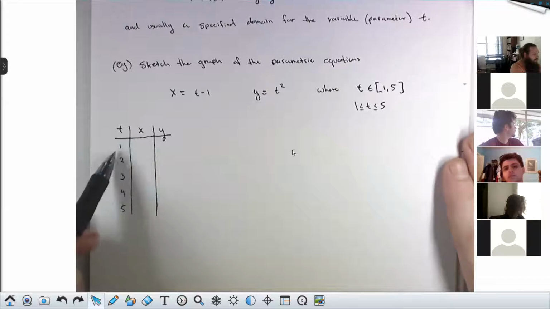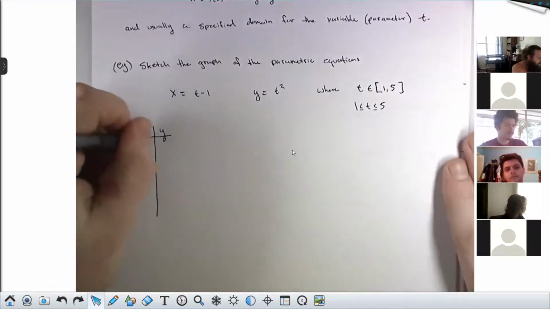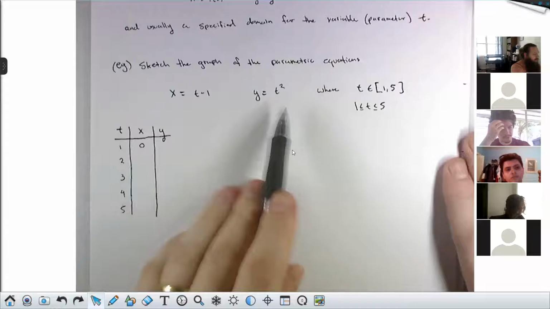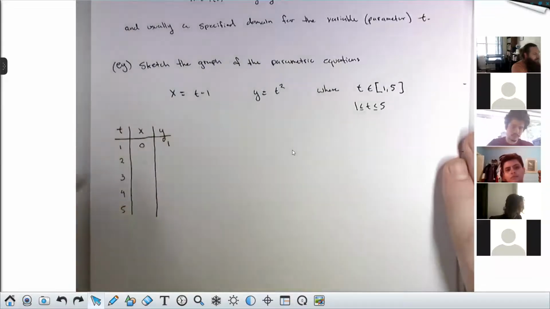When t is equal to 1, x is equal to 1 minus 1. That's 0. And y is equal to 1 squared. Okay, that's 1. So this tells me that the point 0, 1 is on my graph, and it's associated with the t value t equals 1.